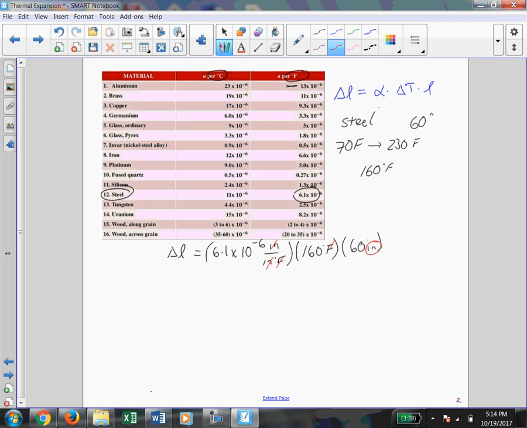And so when we run that calculation through, and hopefully my calculations are correct, that should be 0.0586 inches. In other words, 58.6 thousandths of an inch is what that steel bar is going to grow. 60 inches is a pretty good distance, and so it's going to grow a little bit there.